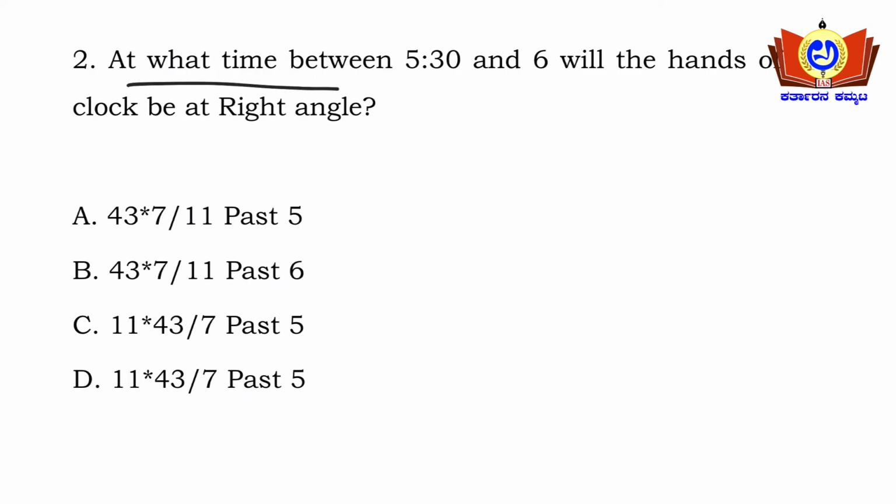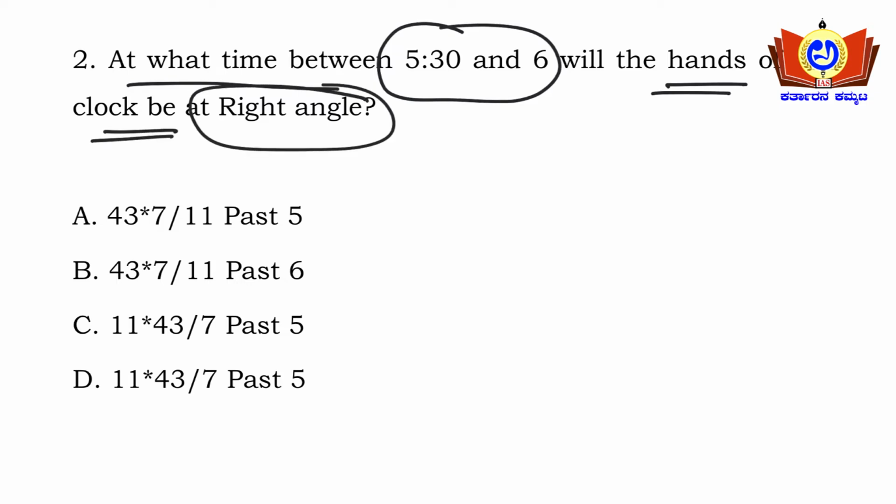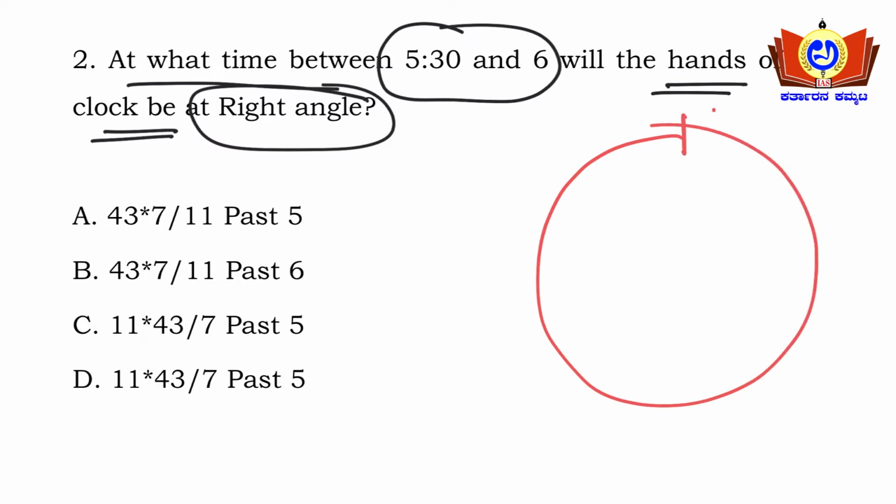At what time between 5:30 and 6 will the hands of the clock be at right angle? I'll draw the clock here for your reference; it's not needed when solving the problem. This is the clock, with 12, 3, 9 and 6.